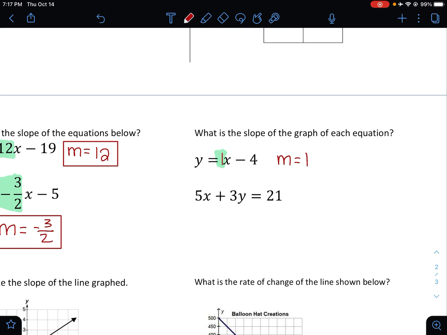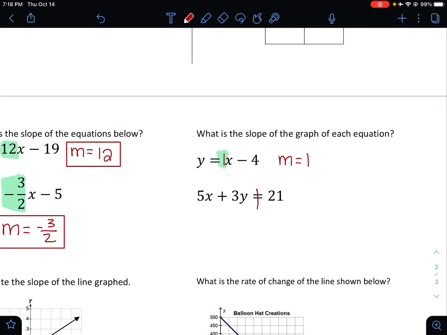Now, this is the one that we're messing up the most, so please pay attention to this video. 5x plus 3y equals 12. We cannot identify the slope until we solve for y. So we draw our line through our equal sign, and we move over the 5x by subtracting 5x. 5x minus 5x is 0.